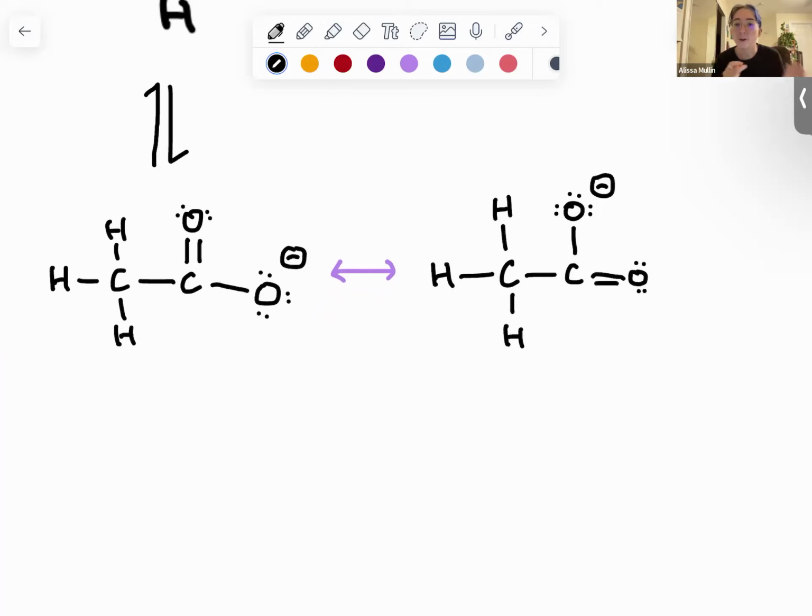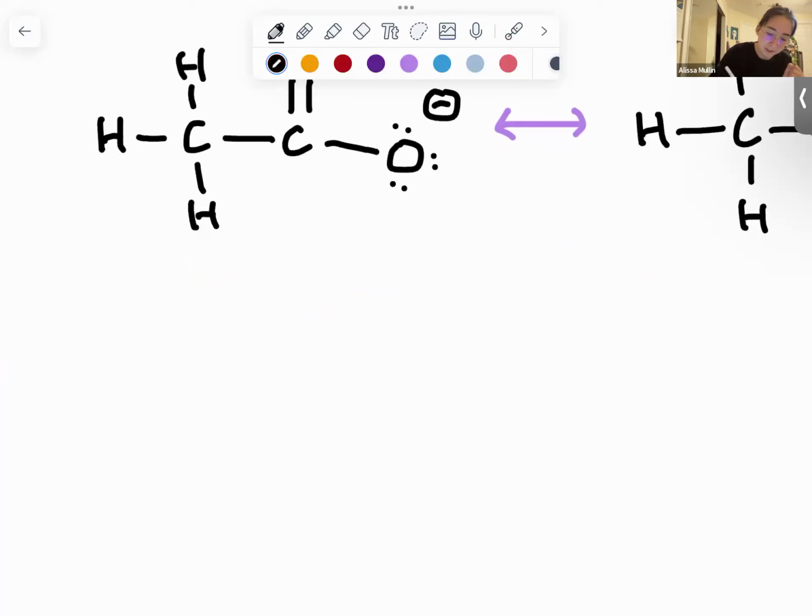So that negative charge is not actually just on one oxygen or the other. It is spreading throughout this whole thing. It's constantly moving in between these atoms.